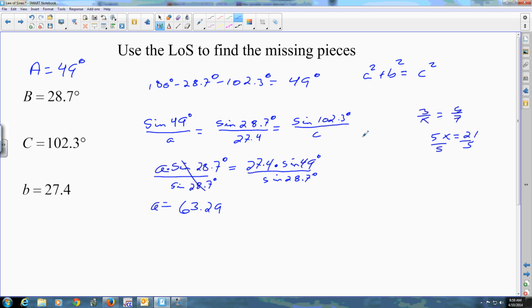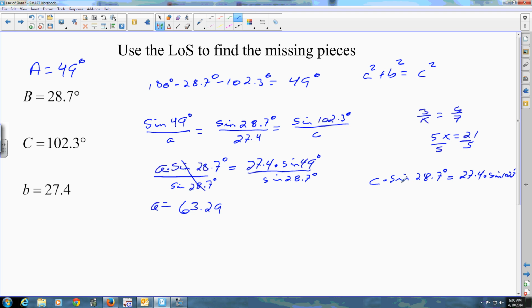Use this relationship, this proportion right here. Cross multiply. So you have C times the sine of 28.7 equals 27.4 times the sine of 102.3. Whoops, ran out of room.